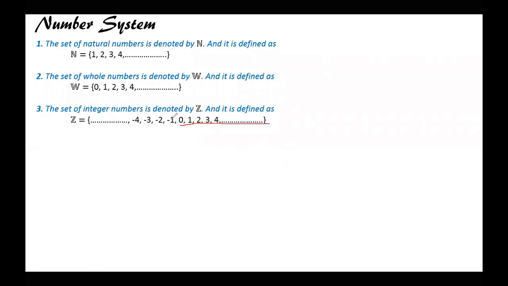This is our whole number set. And the extra elements we have are all the negative numbers of the whole number set, or you can say the negative numbers of the natural number set.